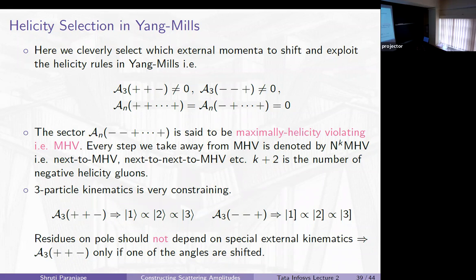And so when I sit on a pole, I don't want to impose any special kinematics for the external particles, because in the end, I have whatever external momenta I have, I want to calculate the amplitude for it. So I need to make sure that this happens only when it's 1 hat, 2 hat, 3 hat. So it's not putting a condition on the external momentum.